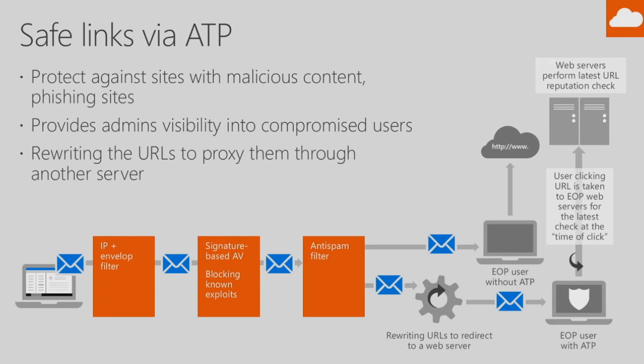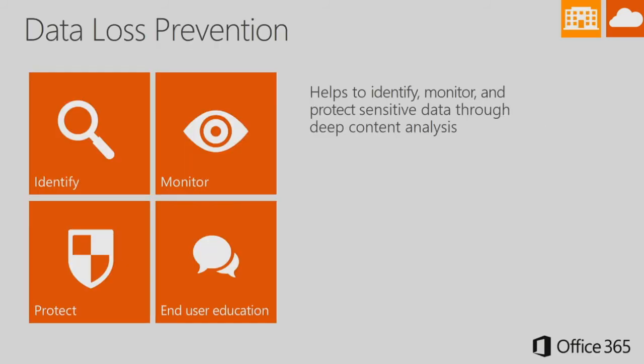And ATP also ensures that when you're getting an attachment and it is deemed unsafe, then it is opened in what we call a detonation chamber. So in a sandbox, so that your environment is not affected if it contained malware or something. So ATP is part of the E5 suite. And then we also have DLP.